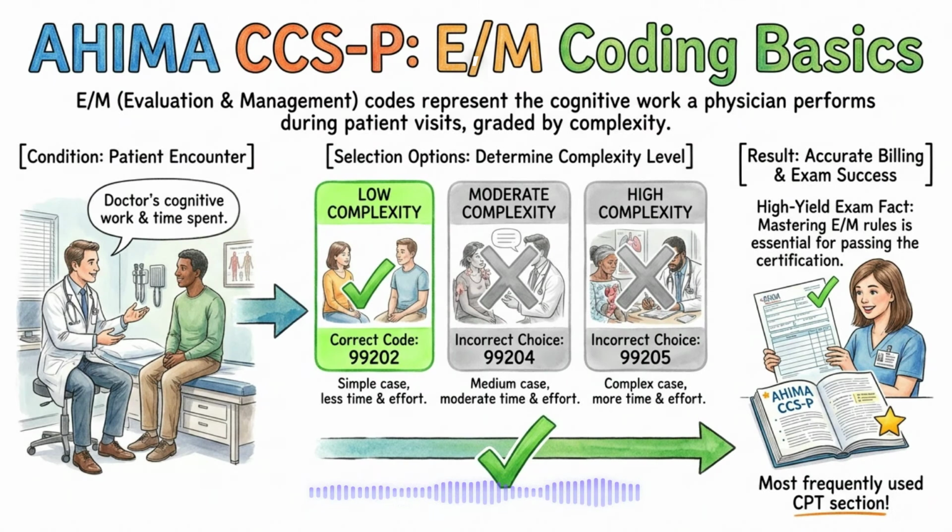These codes are graded on a scale of complexity, with higher numbers indicating a more difficult patient encounter that requires more of the doctor's time and mental effort. Because these codes are used for almost every patient visit, mastering the E/M rules is an absolute requirement for passing the certification exam.